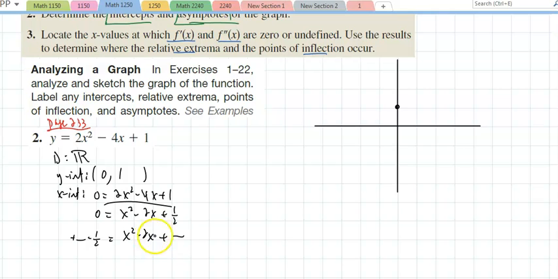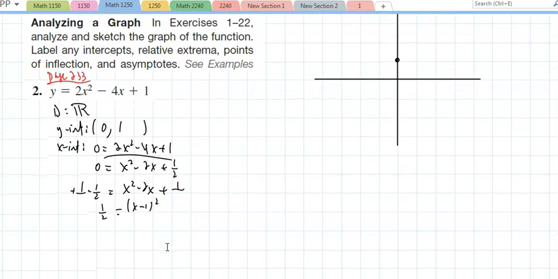If I take half of the middle term and square it, I'll get (x minus 1) squared equals 1 half. And if I square root both sides, I'll get the square root of 1 half equal to x minus 1.